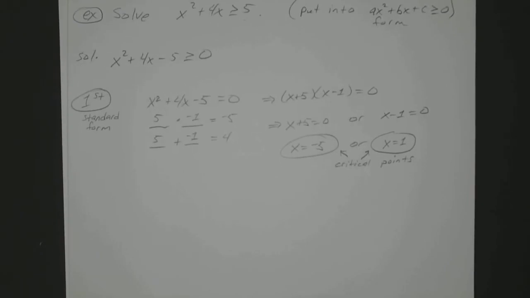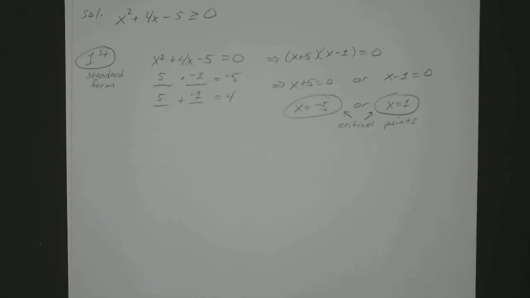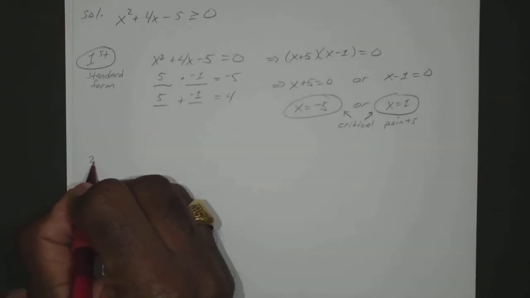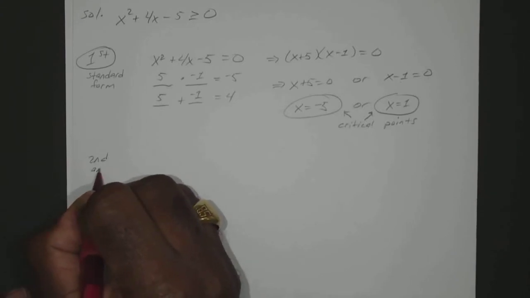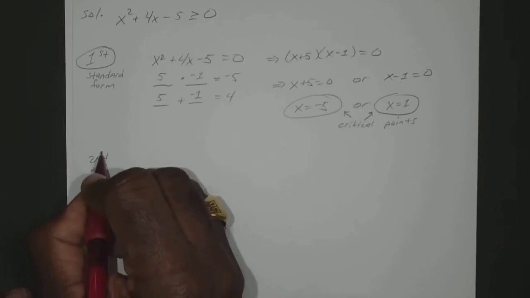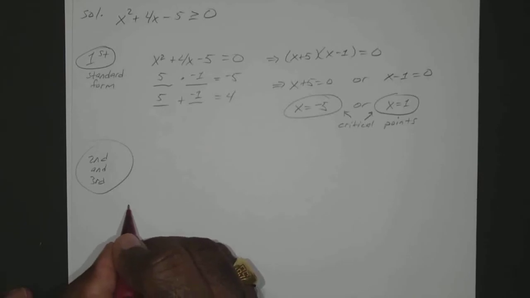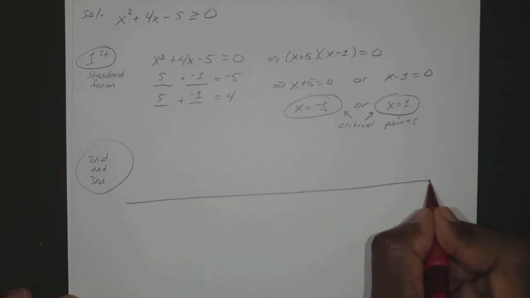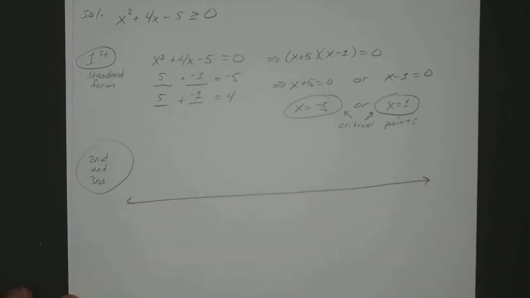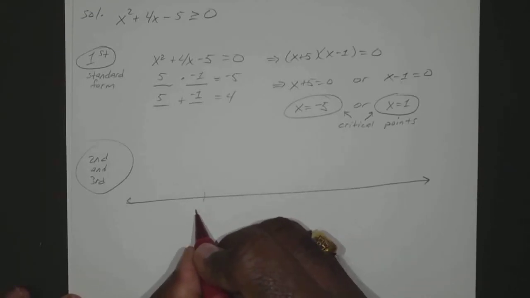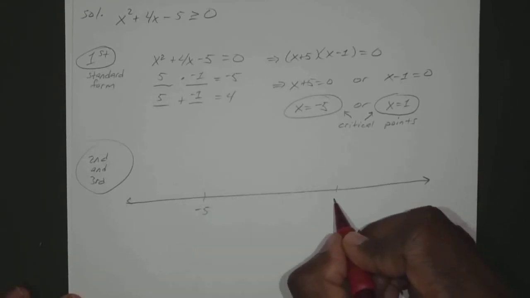Now we're going to do our second and third step. Remember, your second step, you're just going to put your critical numbers on a number line. So we have -5 and 1.